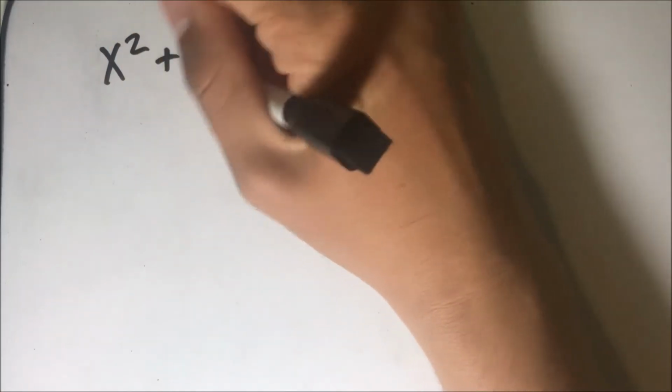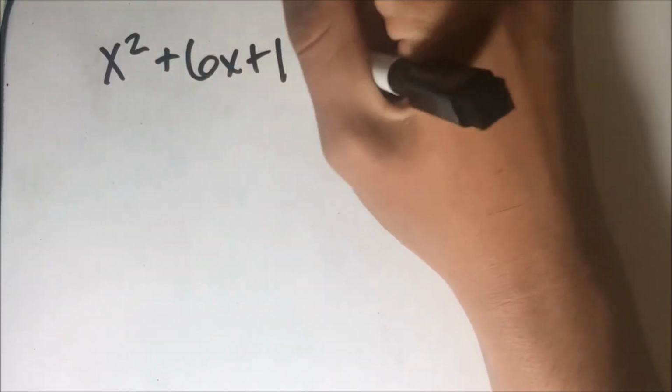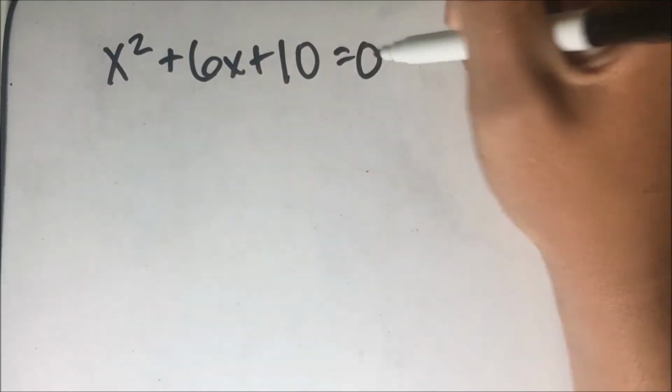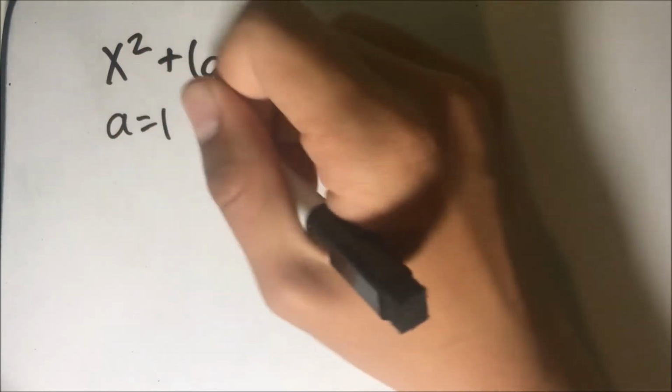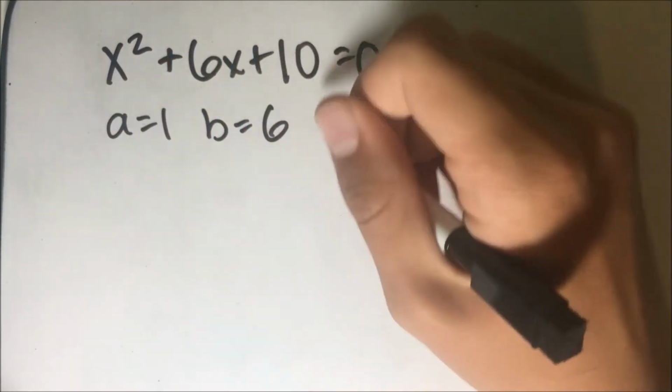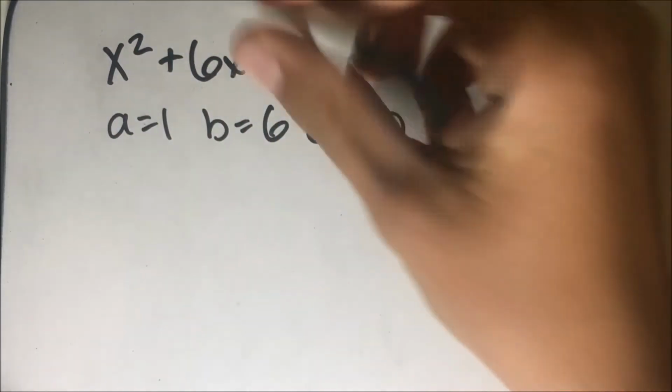Okay, so for our first example, we're going to solve the quadratic equation x squared plus 6x plus 10 is equal to 0. So, in this case, a is equal to 1, b is 6, and c is 10, as you can see in the equation.